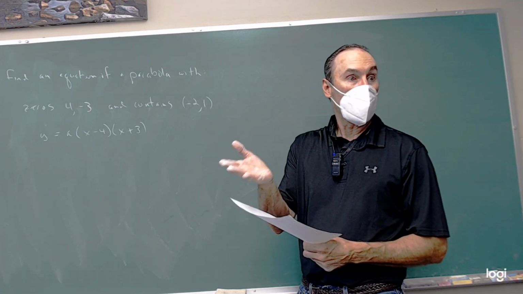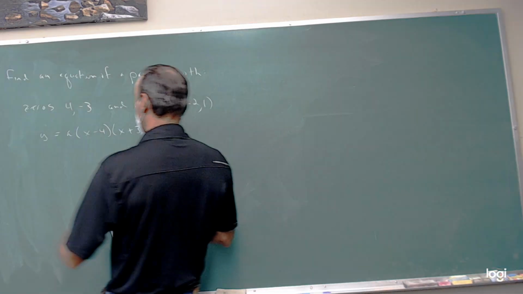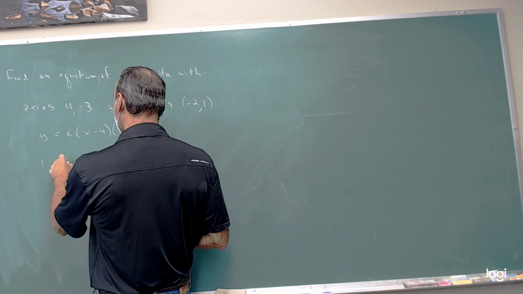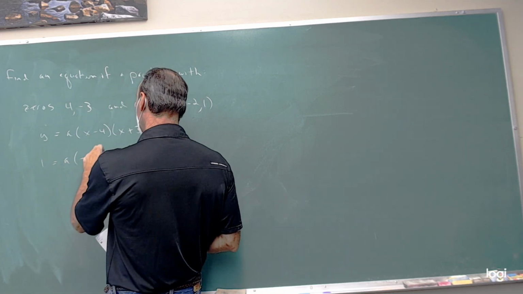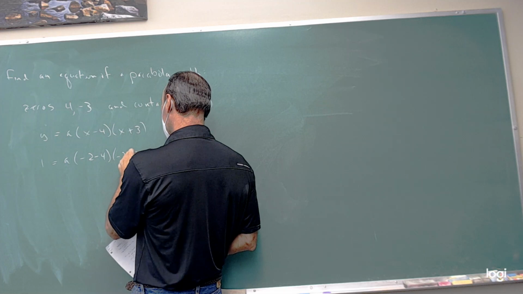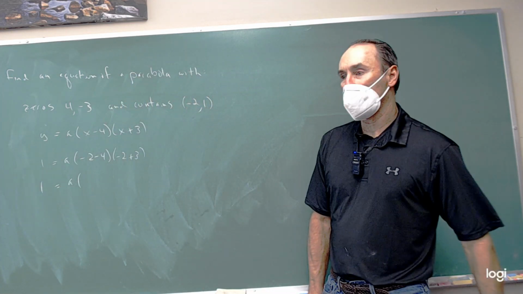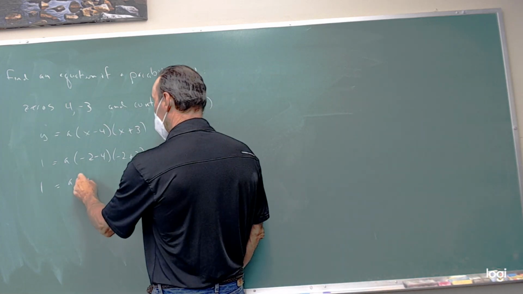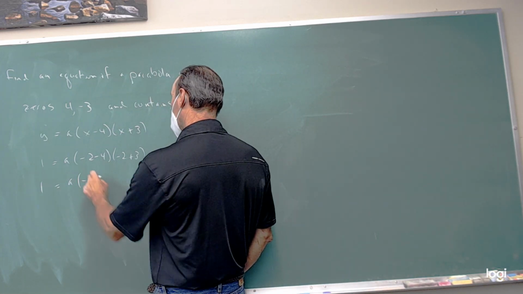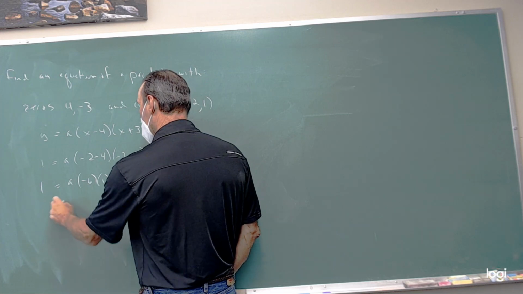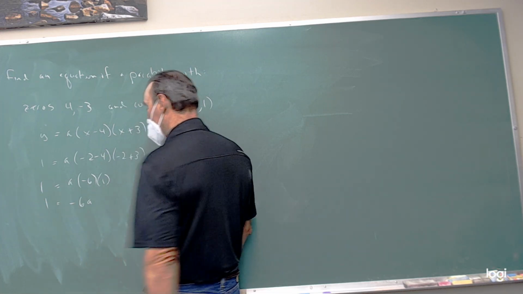So we can plug that in and find the A. We put 1 in where the y is, and negative 2 for both of those x's. Negative 2 minus 4 is negative 6. Negative 2 plus 3 is positive 1. So we have negative 6A equal to 1.